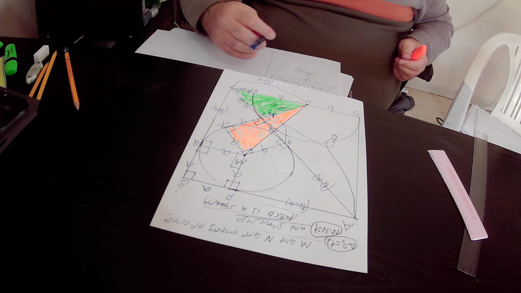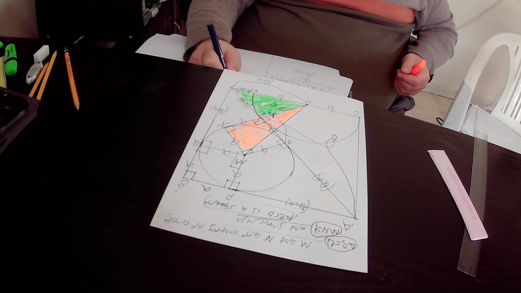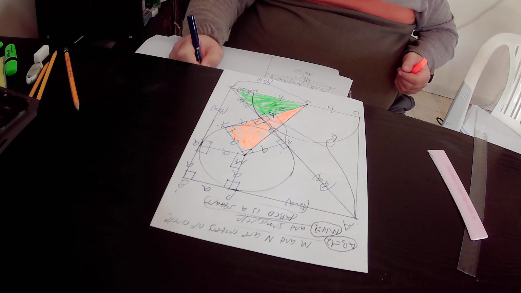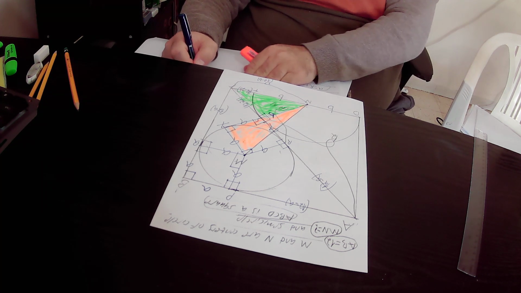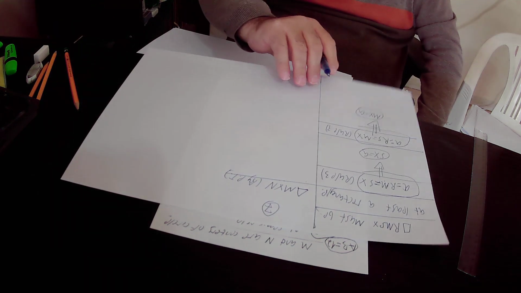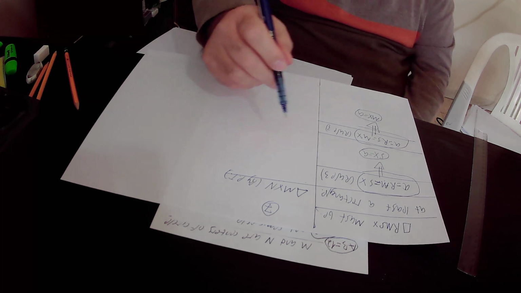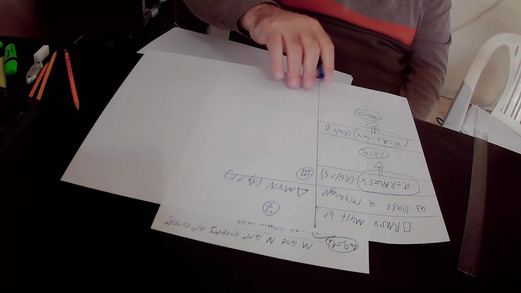So according to the Pythagoras theorem, in the right orange triangle MXN, the square of the hypotenuse equals the sum of the squares of the perpendiculars.